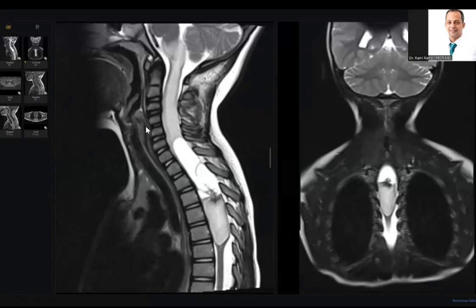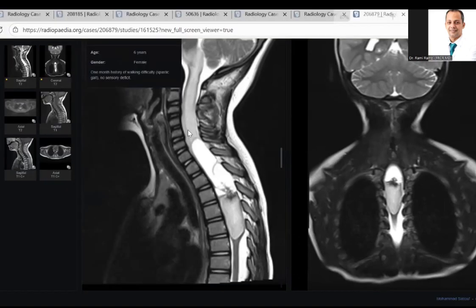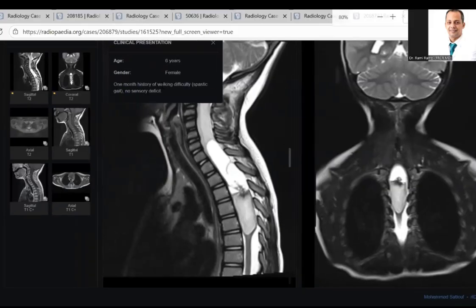a CT brain to check if there is any association with this lesion. Does this patient need urgent surgery or not? Yes, because it is involving the medulla, so it is urgent. It involves a long segment of the cord, which is markedly swollen, and the patient has a one month history of spastic gait.